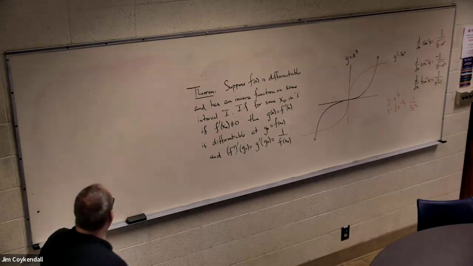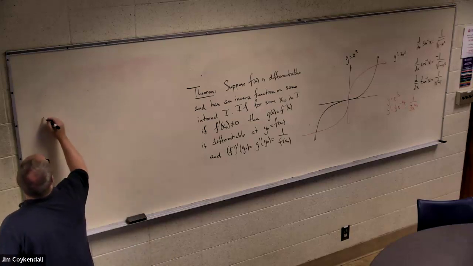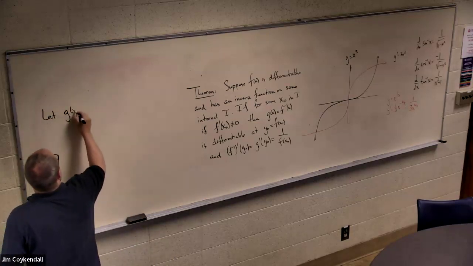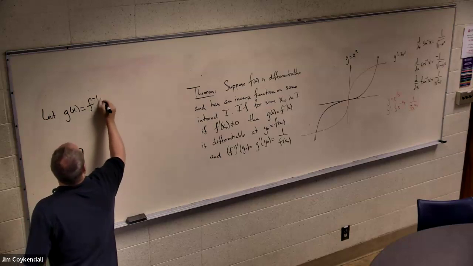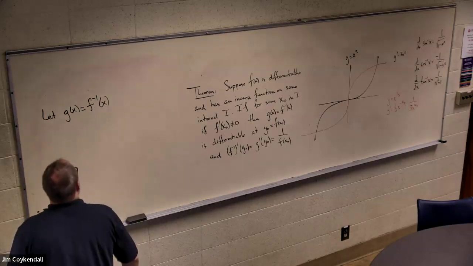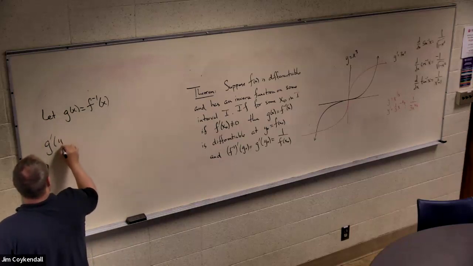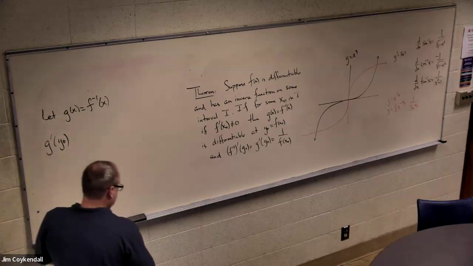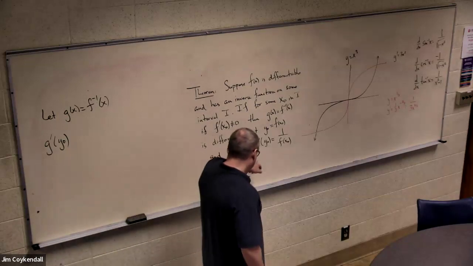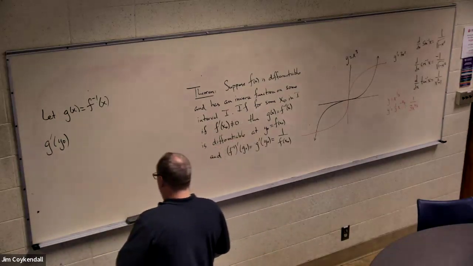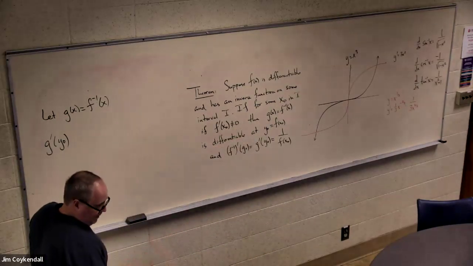So if you look at, I don't like this inverse notation doing derivatives, if you look at g prime of y0, which is what we're looking at, I'm going to go back to my roots.